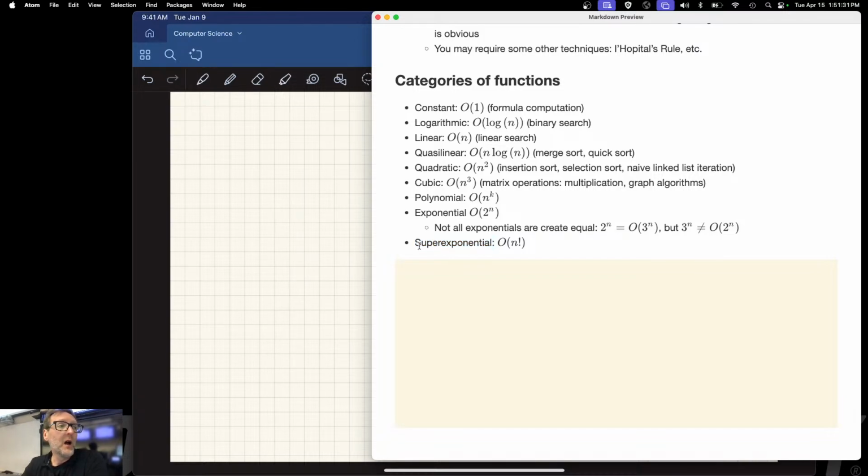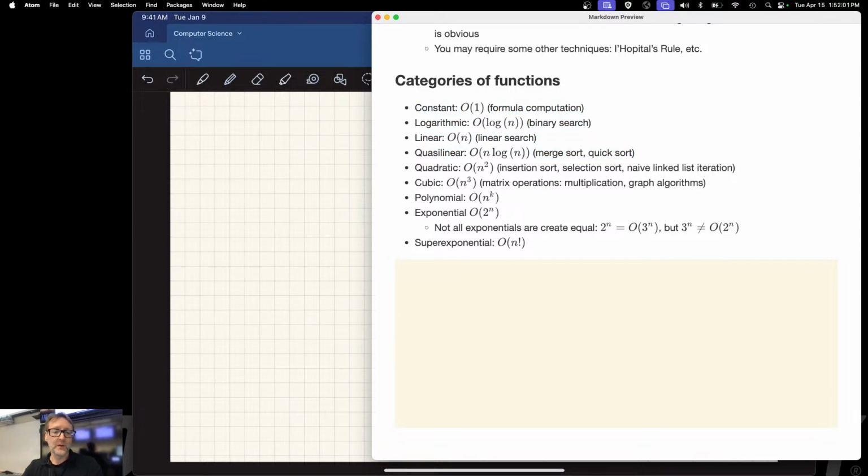For example, if you wanted to analyze all possible card shuffles of a 52 card deck, 52 factorial, it ain't happening. You are going to wait until the heat death of the universe to compute something like that. So, for all practical purposes, you're really only going to want to look at algorithms that are constant, logarithmic, linear, or quasi-linear.